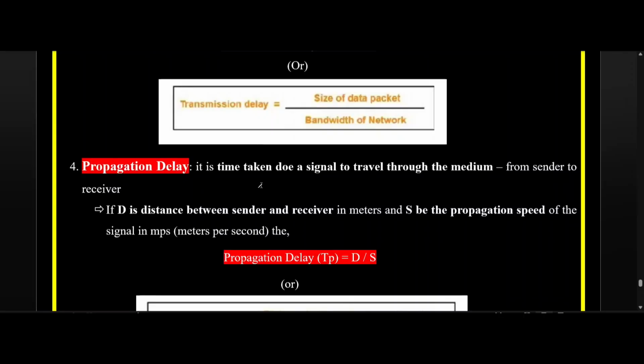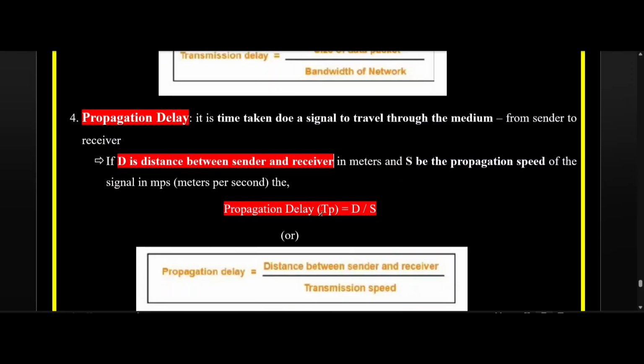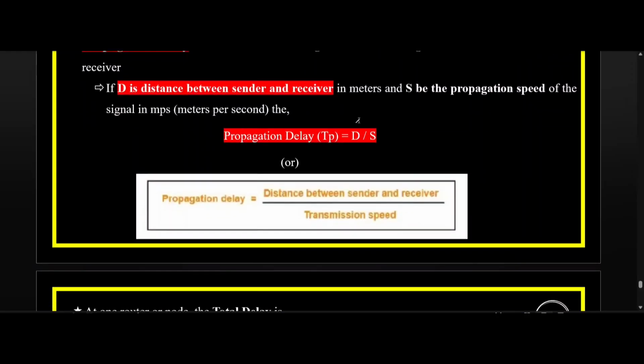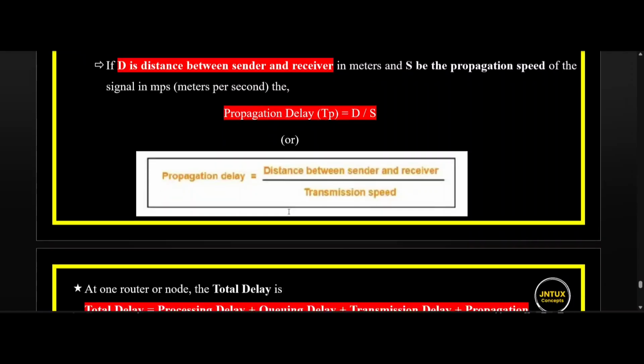If D is the distance between sender and receiver in meters, and S is the propagation speed of the signal in meters per second, then the propagation delay can be calculated using D by S. Here D is the distance between sender and receiver and S is the propagation speed. This is a simpler representation for you. If you want, you can also understand it with the help of this one.